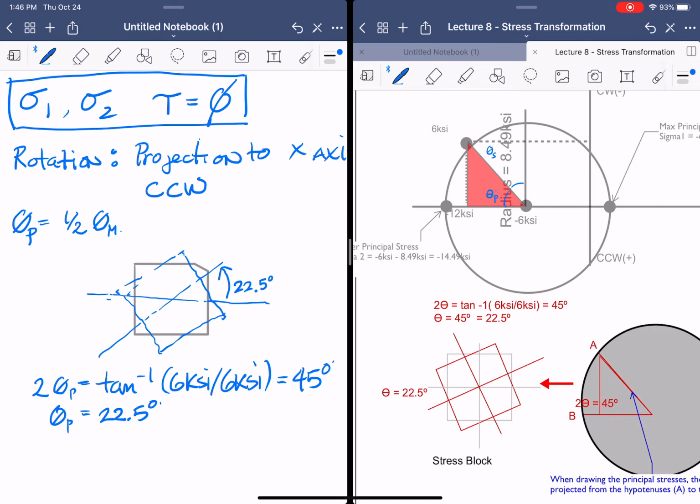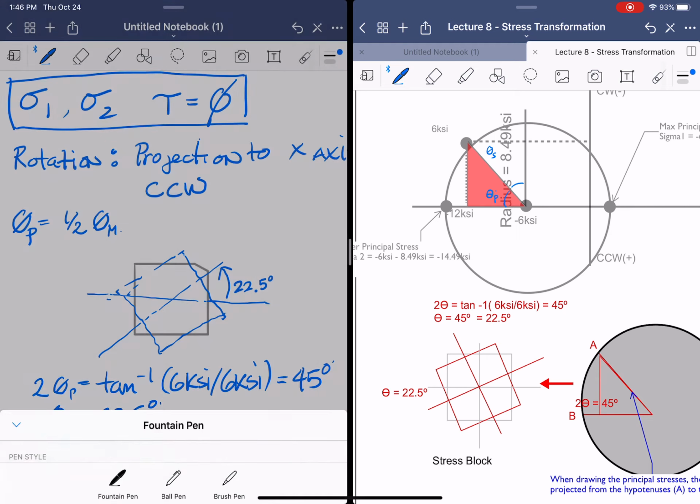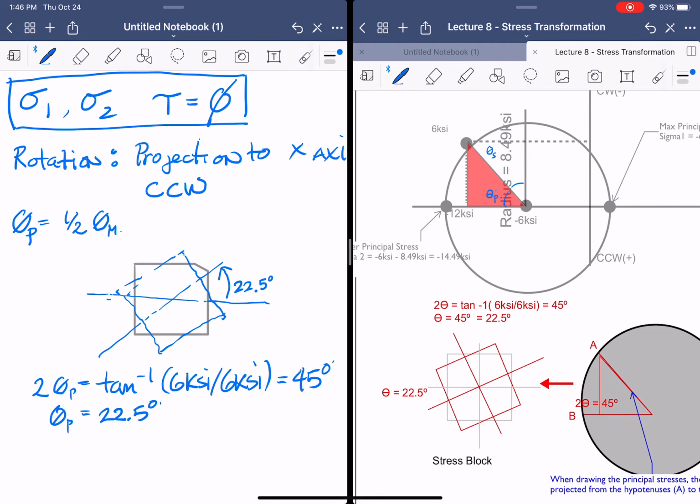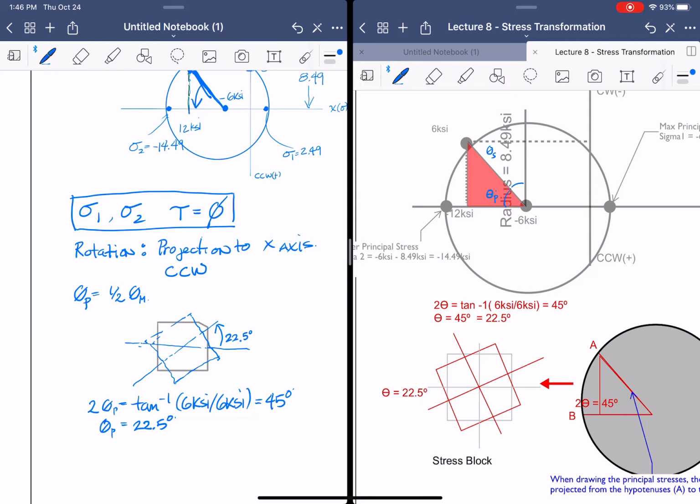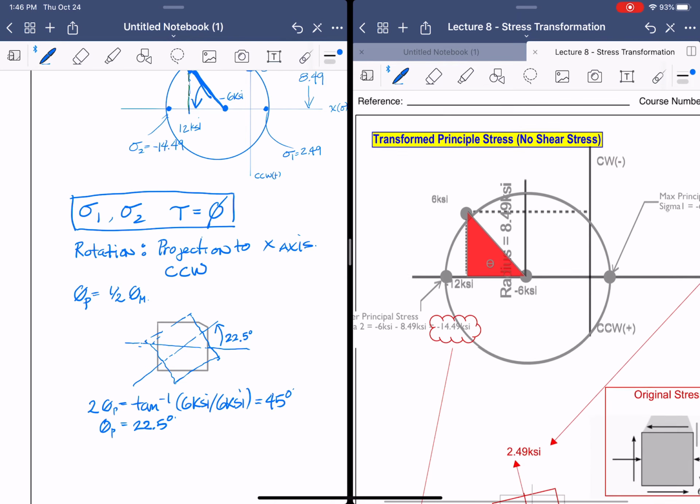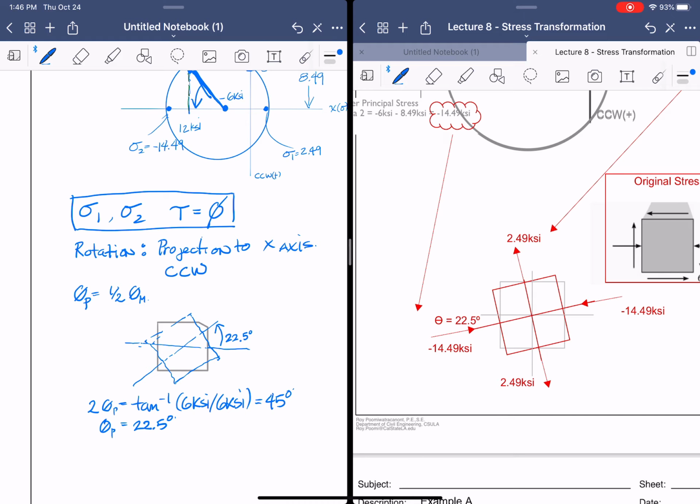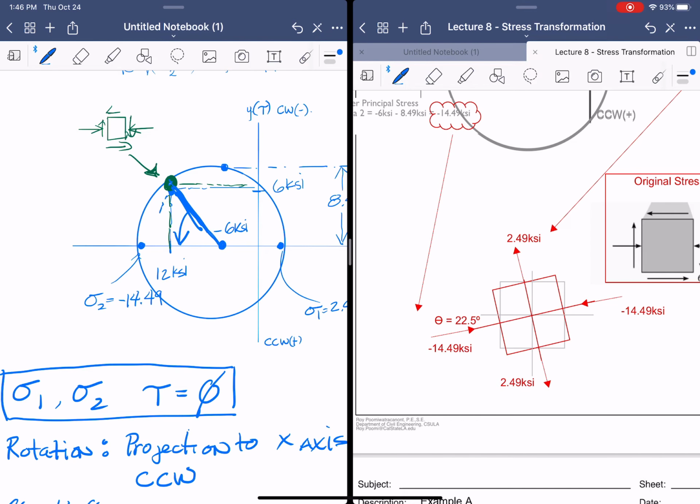Now, the rest of it is going to be pretty simple, okay? Because we get the information and we look at the principal stresses and we see that it goes to 14.49. Because if we look here, we projected it onto here, right? So that 12 KSI, now pay attention, the 12 KSI now gets converted to 14.49.